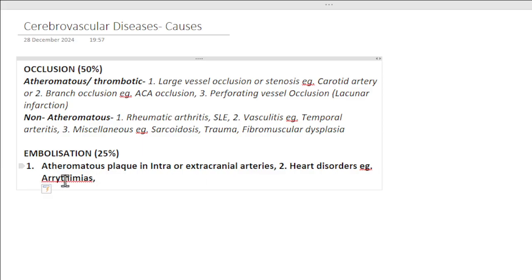Valve disorder, yes, so we'll put valvular heart disorders. Very good. Ischemic heart disease, that's wonderful. Patent foramen ovale, that's right.